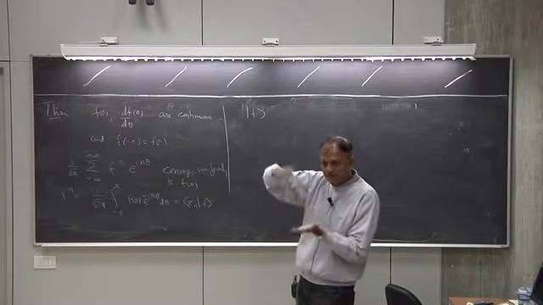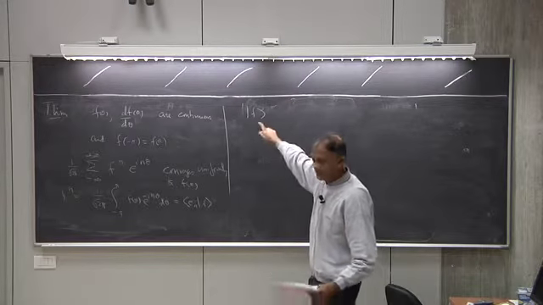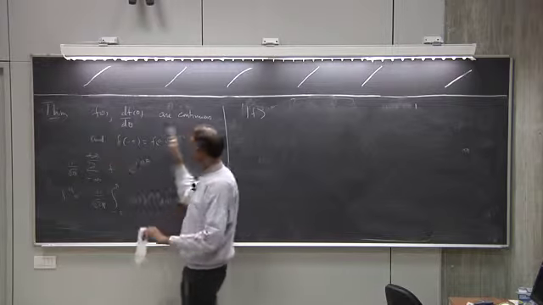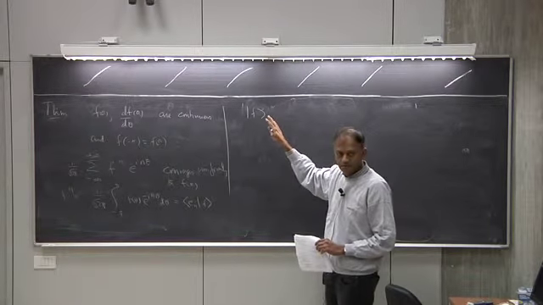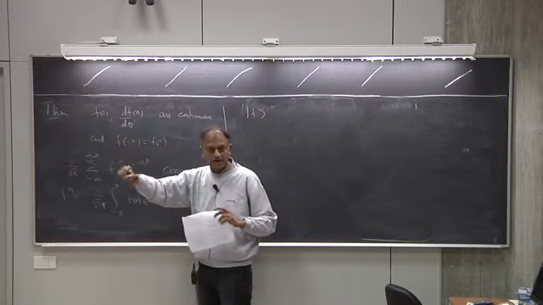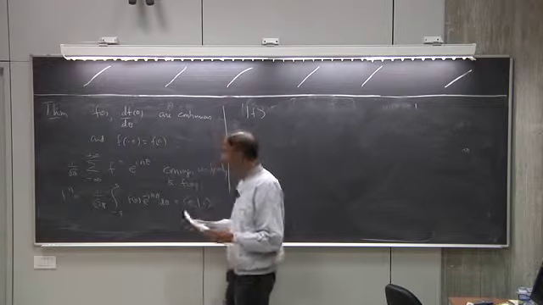You have to identify these two different functions. A function is given to me, but when I'm writing like this, it's in the weaker sense. Any function which could differ from this function f on a countable number of points will define the same vector. So this is the point to remember.